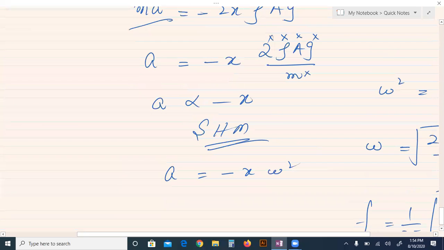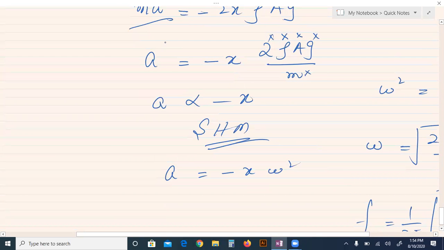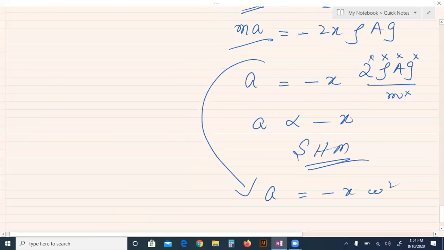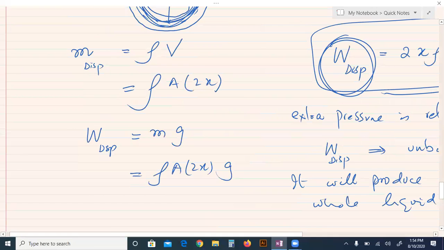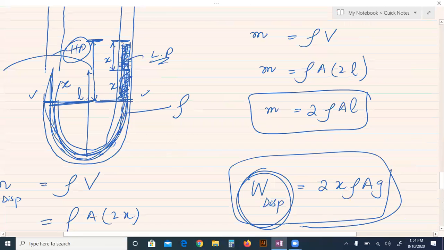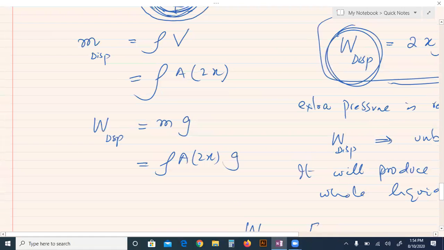Now, if the question is, show that this is equal to this. We can write here, a is equal to minus x 2 rho Ag over m. What is m? m is the mass of the whole liquid, which is 2 rho AL.